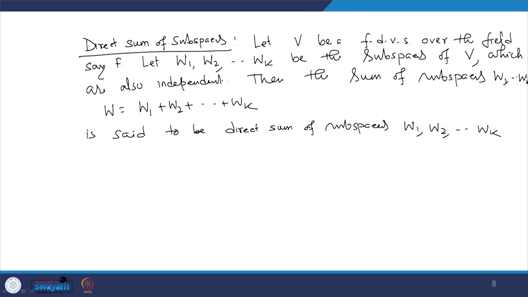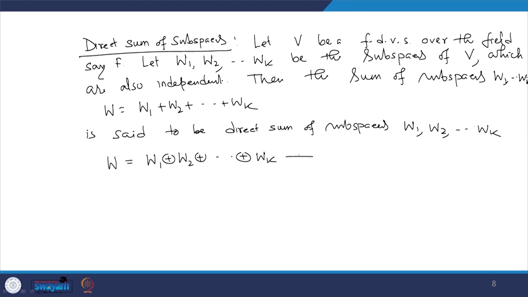And mathematically, we can write, to give a special identity, W is equal to W1 plus W2 plus ... Wk.